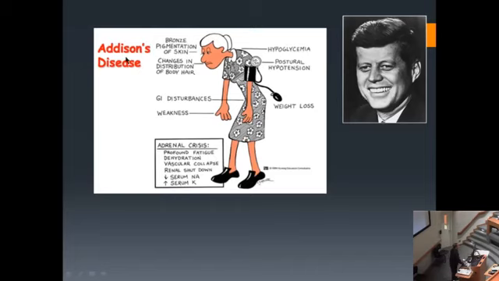But if Addison's progresses and it's not treated, these are the types of patients that start to get very thin, they have kind of poor posture, they also have postural hypotension, hypoglycemia, and their skin looks a little bronzed. And so I don't know if you remember the presidential debate between Nixon and JFK. Of course, it was in black and white, so you couldn't tell, but people that were there saw that Nixon looked comparatively pale, and JFK looked much more tan, even though he hadn't been out in the sun. It was probably due to his little bit of hyperpigmentation of his skin.